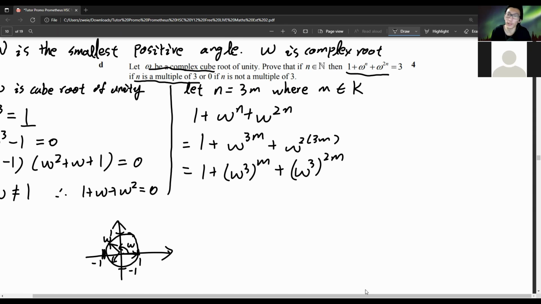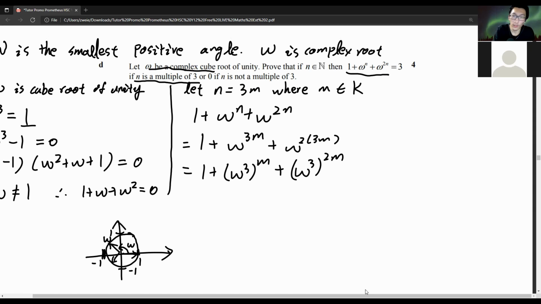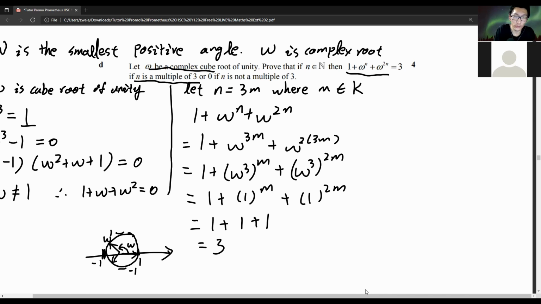I'm just switching the places of the powers, which means I get 1 plus 1 to the power of m plus 1 to the power of 2m. And we know 1 to the power of anything is still 1, right? So essentially, I'm just getting 1 plus 1 plus 1, which is equal to 3. So that's n equals 3m, being a multiple of 3, proved, okay?